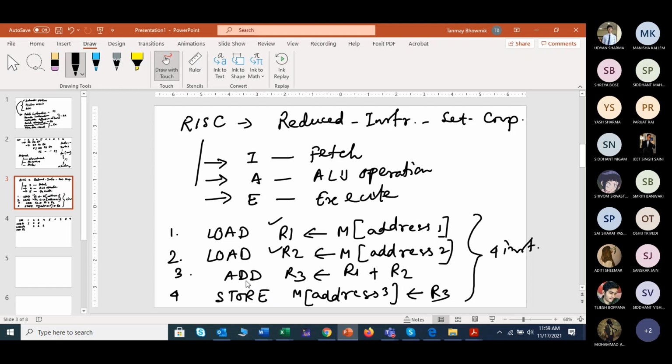Now when you perform this add statement, you are performing the addition between R1 and R2 and storing it into R3. So that means unless and until R1 and R2 are completely loaded with the values coming from memory address 1 and memory address 2 respectively, you cannot start this operation, right?